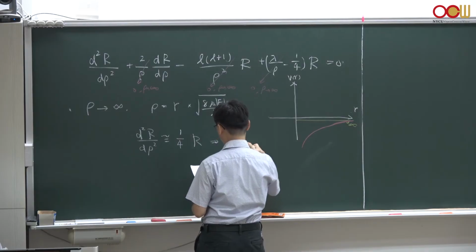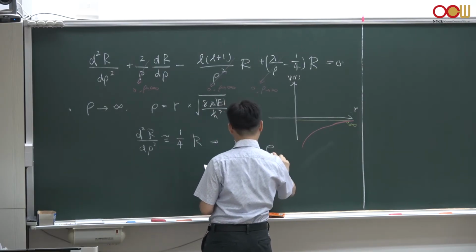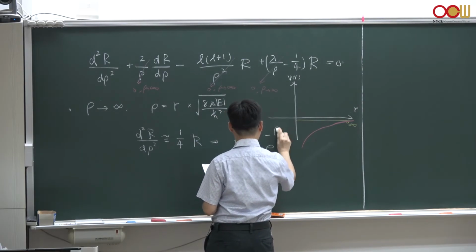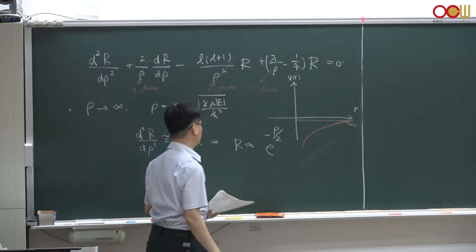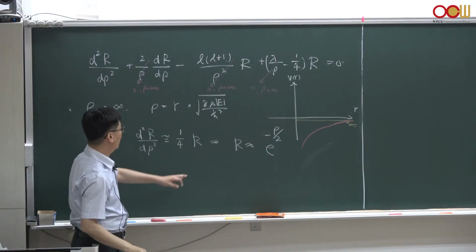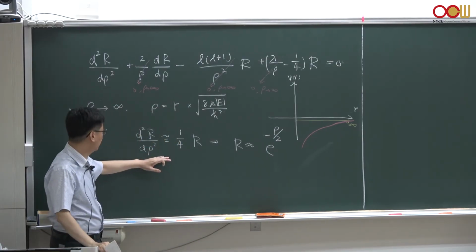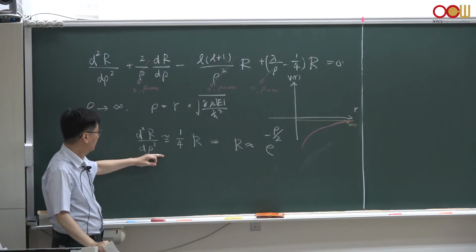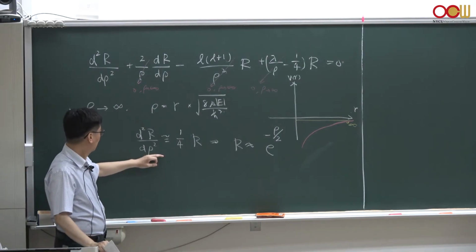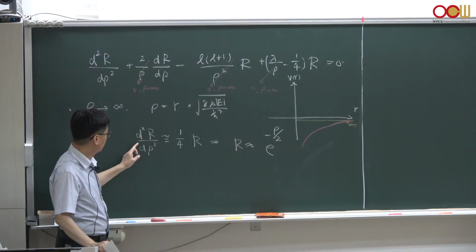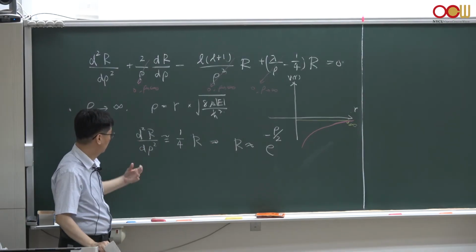Capital R is given by exponential of minus rho over 2. So if you plug this into that equation, you get things satisfied, right? The second derivative of this with respect to rho is what?